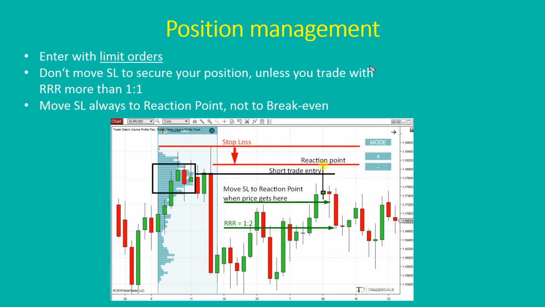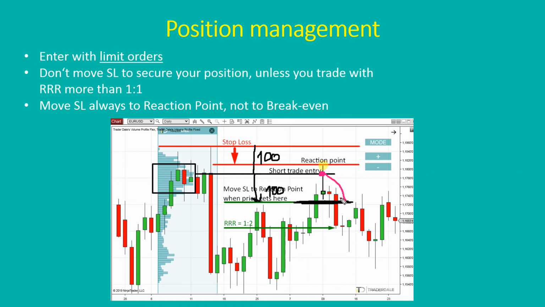Now, if you want to trade with risk-reward ratio higher than 1, for example, a risk-reward ratio 2, it only makes sense then you secure your position somehow. And I suggest that you secure your position when you reach the first take profit, or where you reach the risk-reward ratio 1 place, which means that if this is 100 pips, then you secure your position when the price makes 100 pips from your short trade entry.